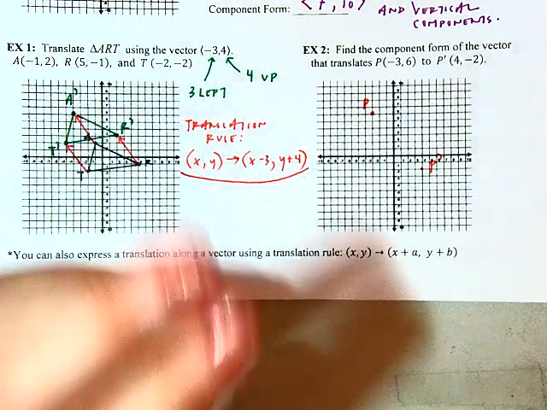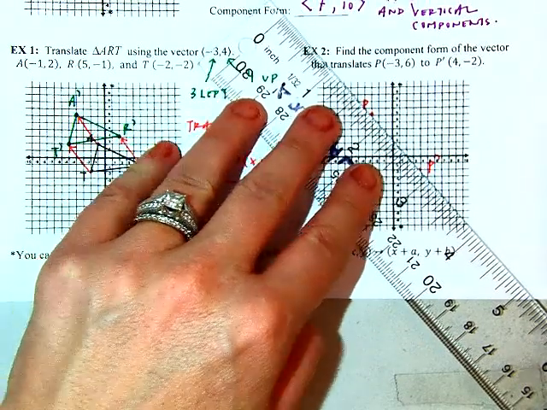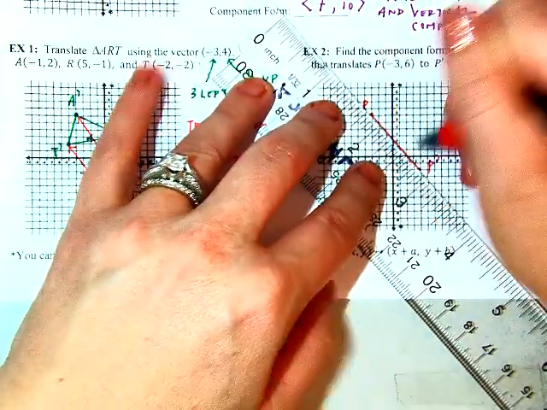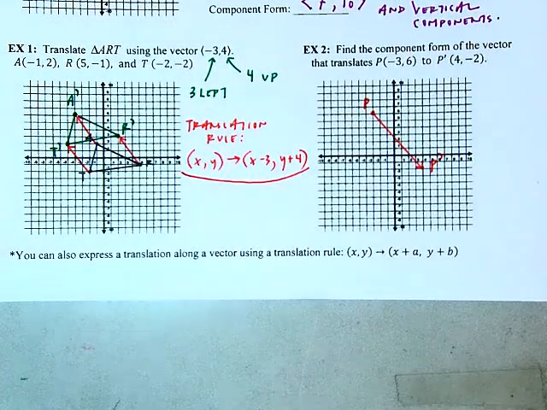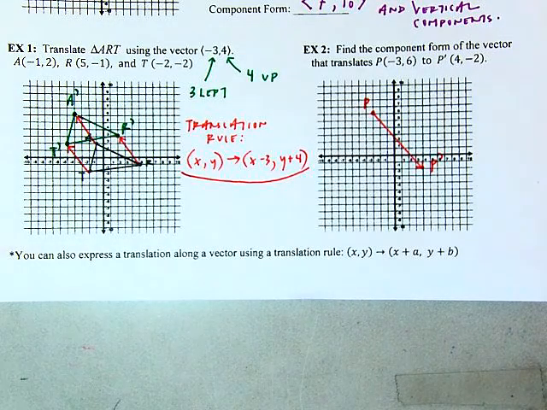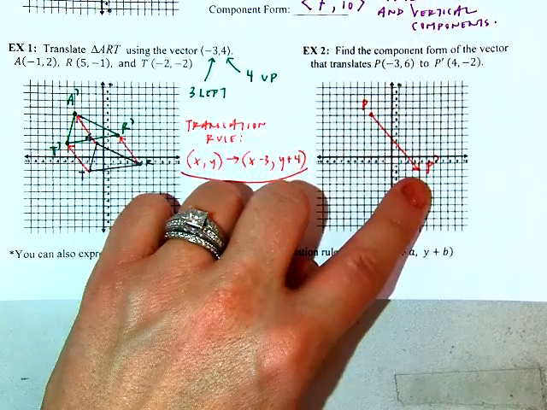Okay, I'm going to draw it in. Make sure this is an arrow like that. So P to P prime. So P is my initial point, and P prime is my terminal point.